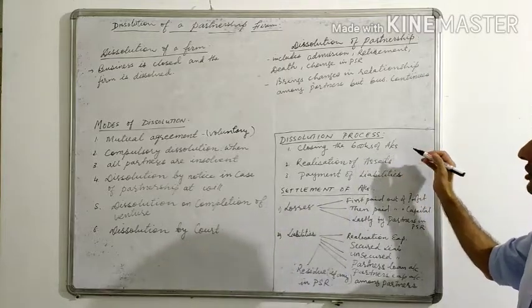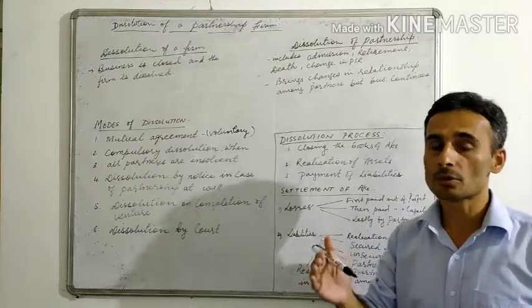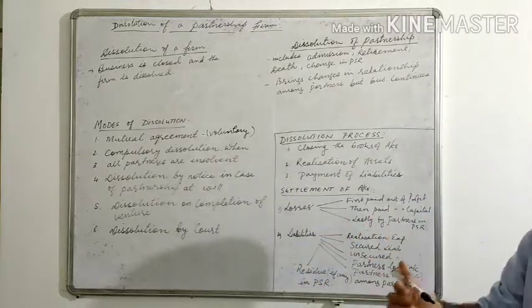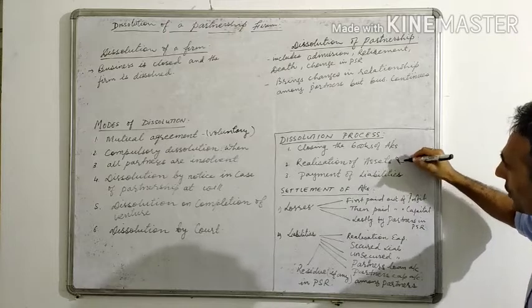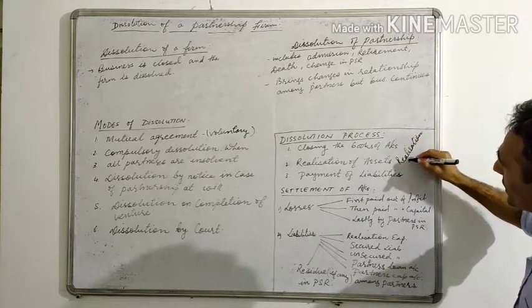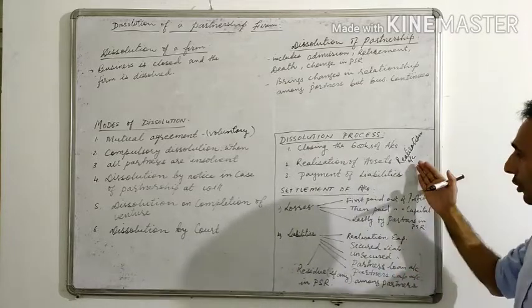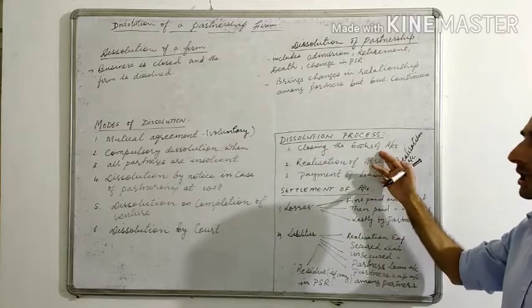Closing the books of accounts means all the assets and liabilities need to be closed, and this is done by opening a new account called realization account. Realization account is opened. This is a nominal account. It is opened in order to close the books of accounts.